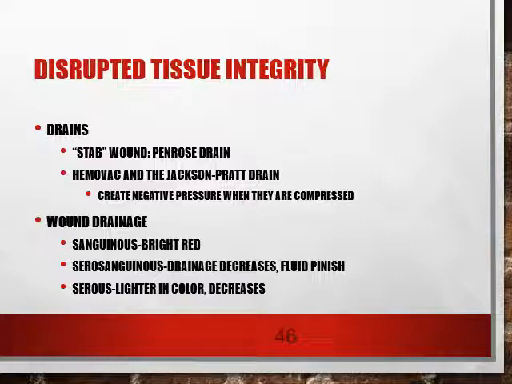A Hemovac and a Jackson-Pratt, they create negative pressure when they're compressed. So the Hemovac is D, and up in the corner on C, you can see that bulb suction, and that is your Jackson-Pratt. So that is squeezed and tight, and then the top is put on. There's a little lid on the top.